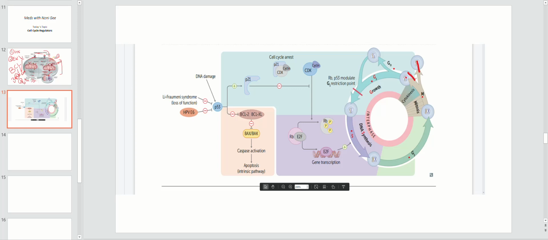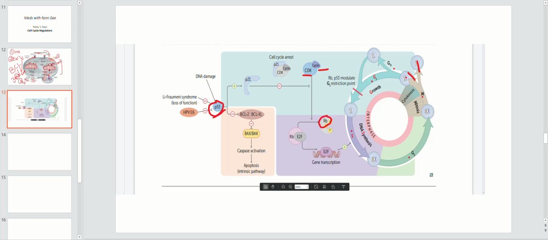So this is the cell growth. Now there are certain regulators which check this cycle. These are the checkpoints, right? So what are the checkpoints in the cell cycle? There are cyclins and cyclin dependent kinases, right? These two, and the third ones, there are P53 and retinoblastoma.